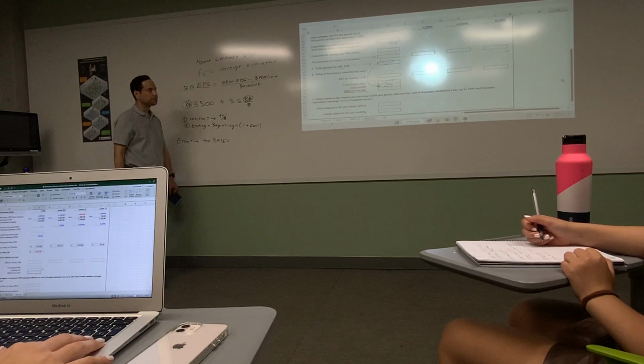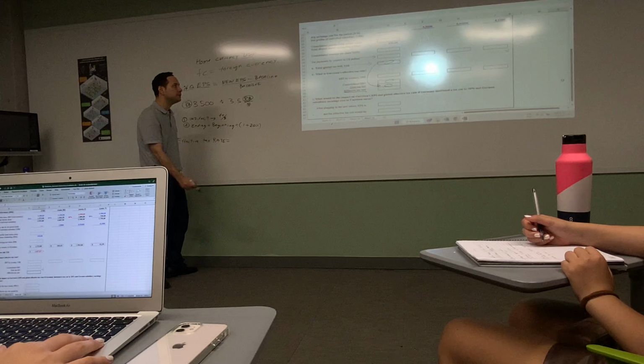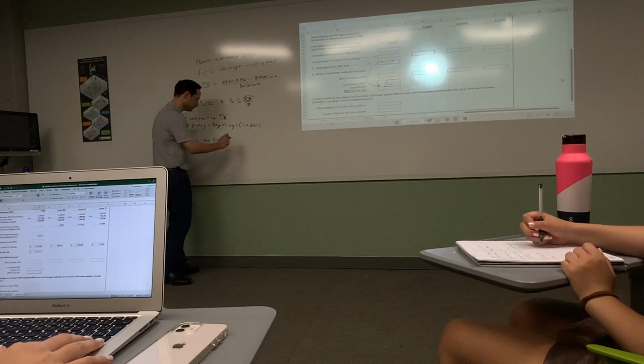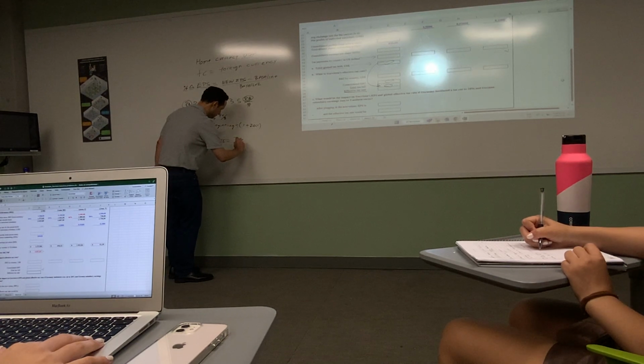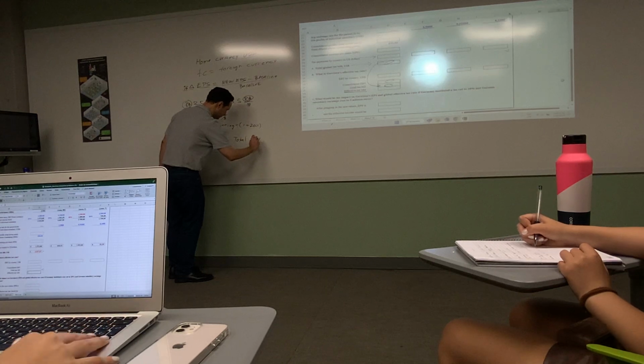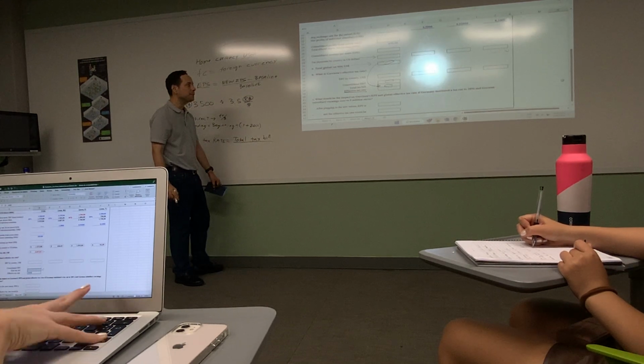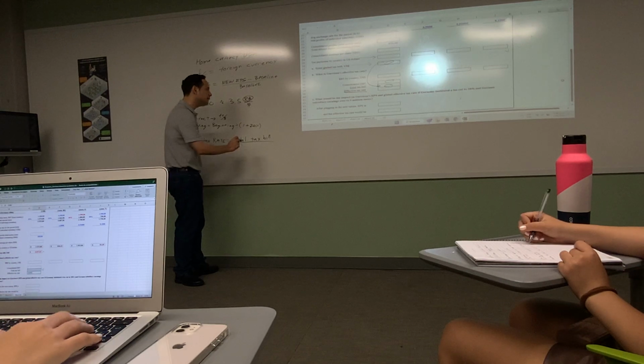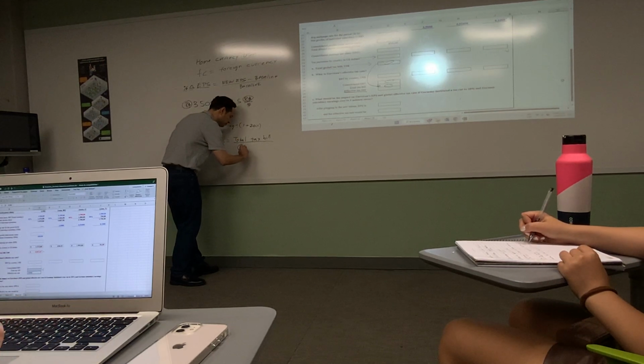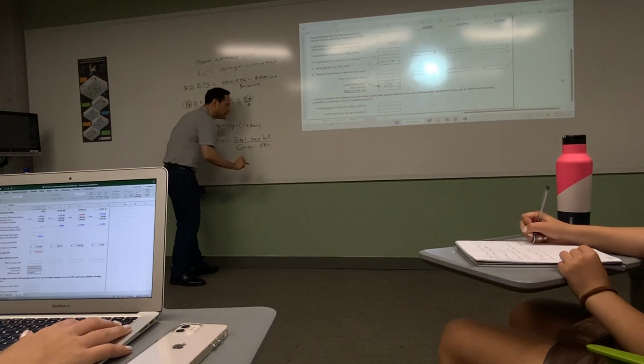This is the total tax bill divided by consolidated earnings before taxes.